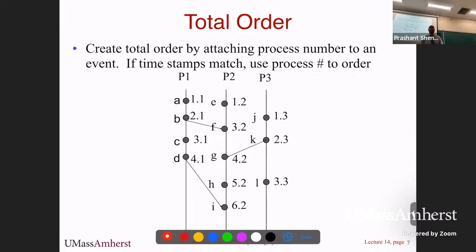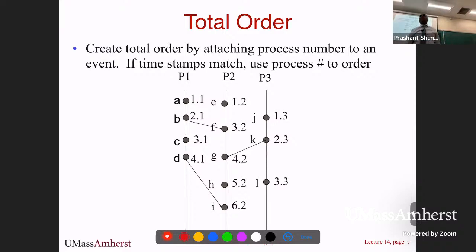Then our tie-breaking rule is that you take any 2 clock values and compare them. If they're ordered, this still respects whatever was done, because you're taking the max of the 2. If they're not ordered, this allows us to order them in some way. So if 2 processes both had logical clock value 1, the one with the lower process ID is treated as having happened before the other. 1.1 is less than 1.2, because one has 1 dot its process ID and the other has 1 dot its own process ID.